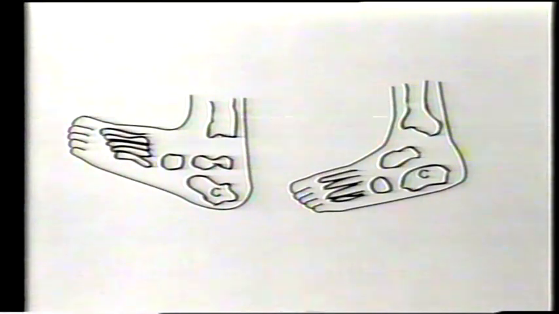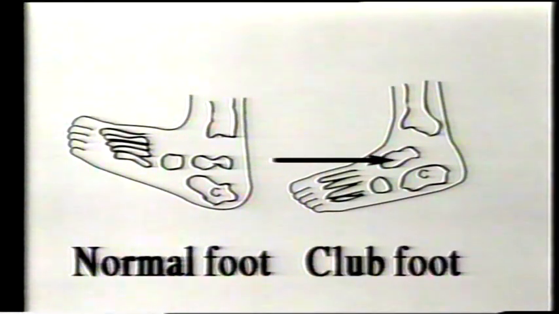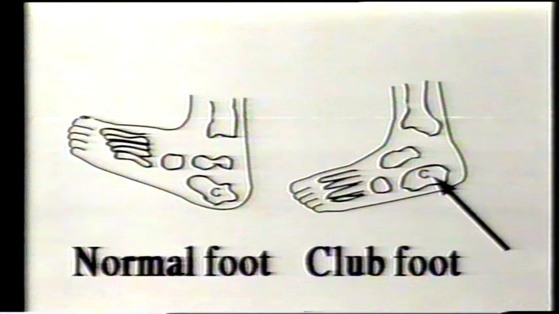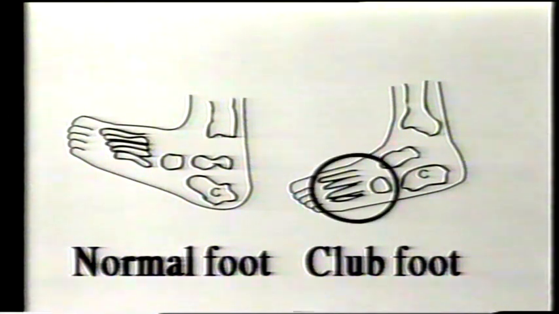This severe case illustrates the talus displaced outside the intermalleolar space, becoming a mechanical obstacle which positions the foot in equinus. The calcaneum is in plantar flexion, provoking equinus in all the tarsal and metatarsal bones.